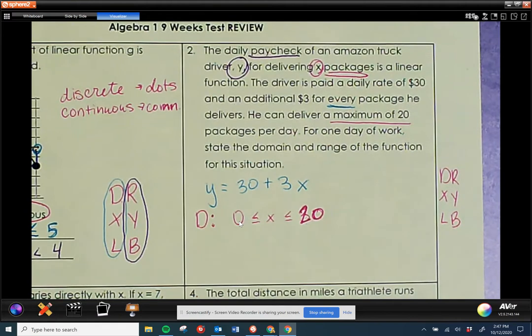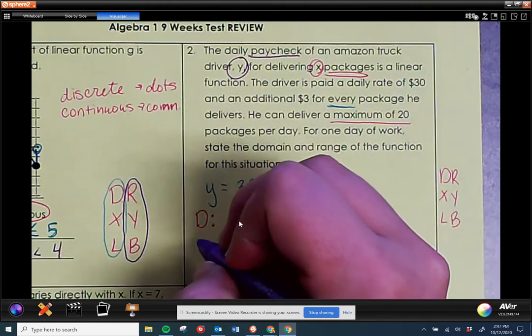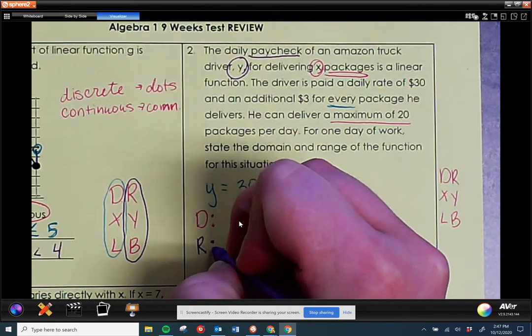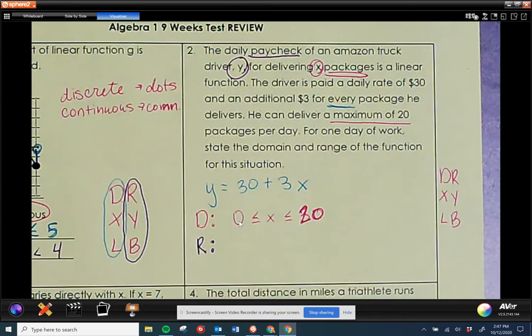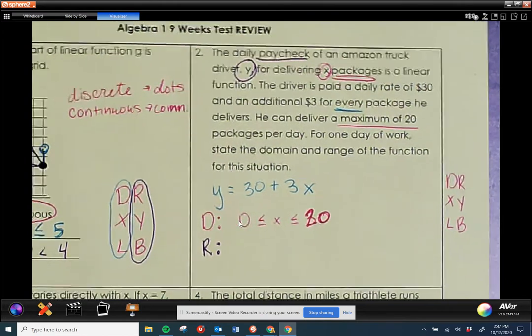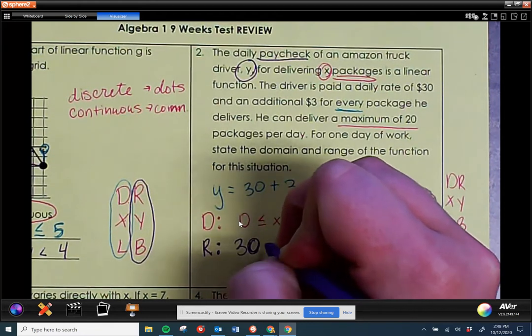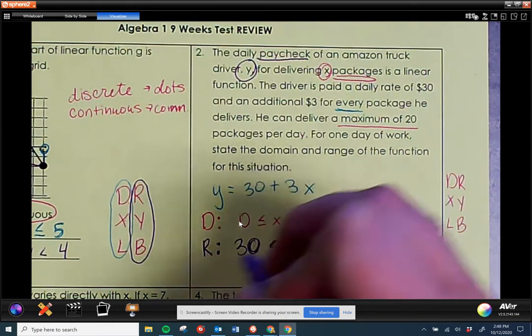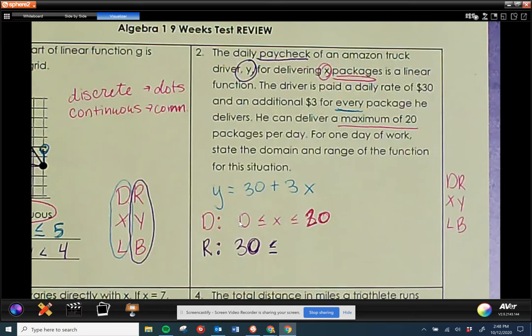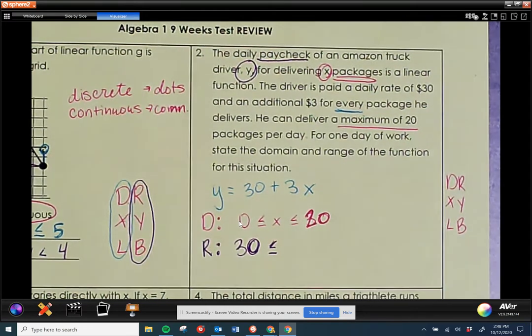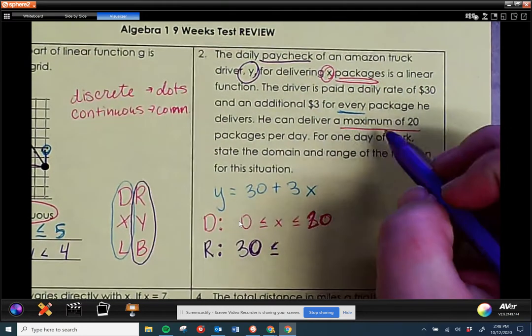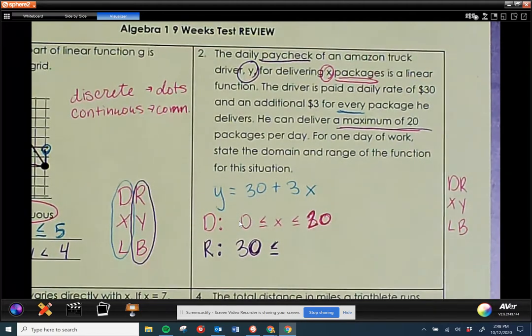For the range, we're going to be looking at his pay because his pay is the Y value. So if he goes to work, he automatically gets paid $30. So the lowest that he could make would be $30. And then we're going to go up to, okay, see what the maximum he could make is. Remember, the maximum amount of packages he could deliver is 20.